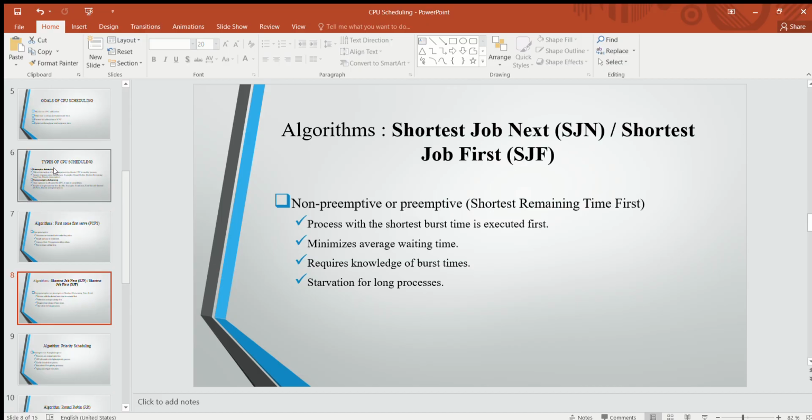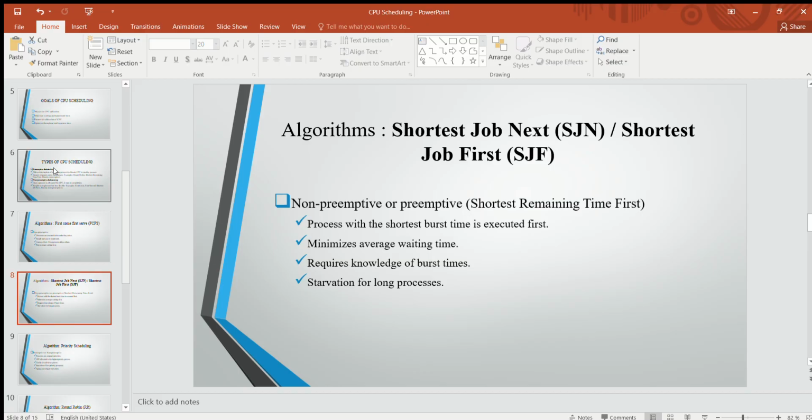Now, we are also looking at shortest job first or shortest job next. It can be non-preemptive or preemptive, in which case it is shortest remaining time first. Processes with the shortest burst time are executed first. As we know, we have CPU bursts and IO bursts.